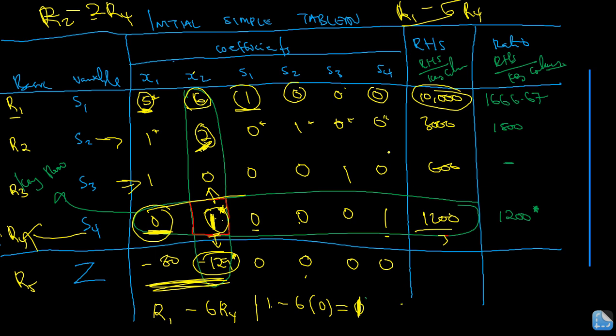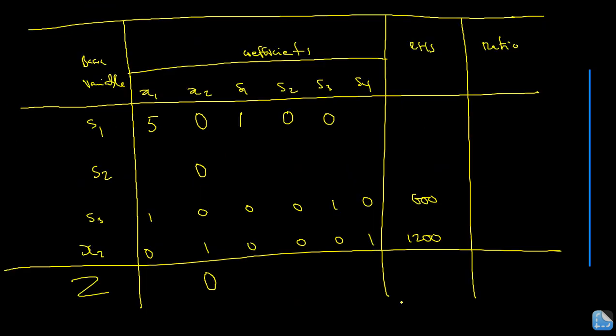Sorry, we have 0. Using the same equation, we have 0 minus 6, open bracket, 1. Okay, the value corresponding to 0 in our key row is 1. So this would be 0 minus 6 times 1, negative 6. So we can come here, write negative 6.